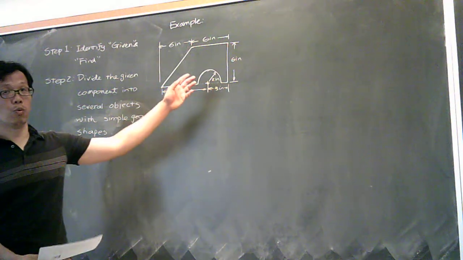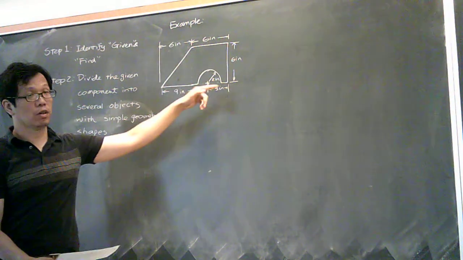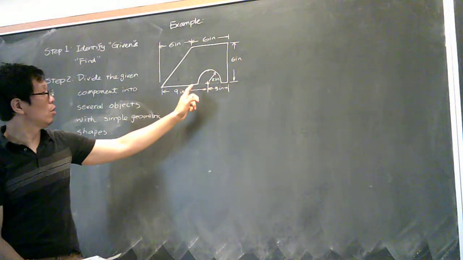Okay, so in this case, what are you going to look at? You have a triangle, you have a square, you have a semicircle.